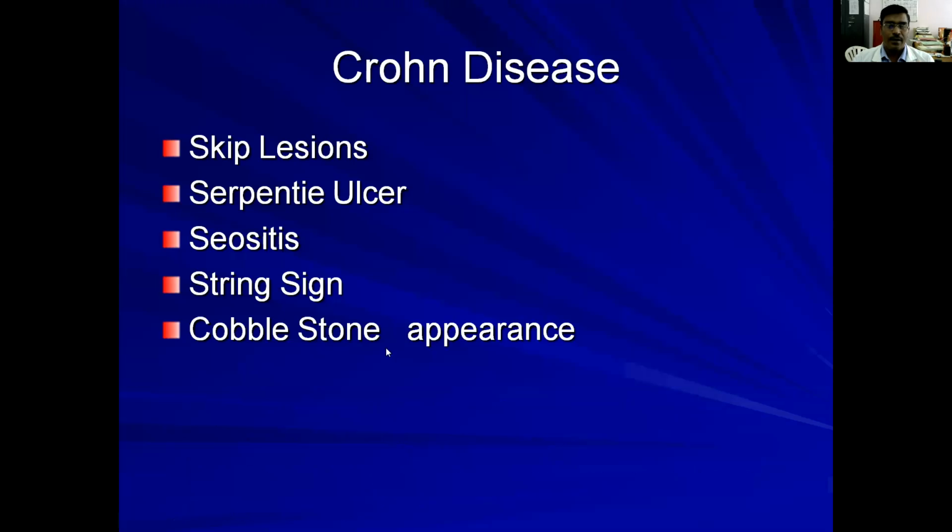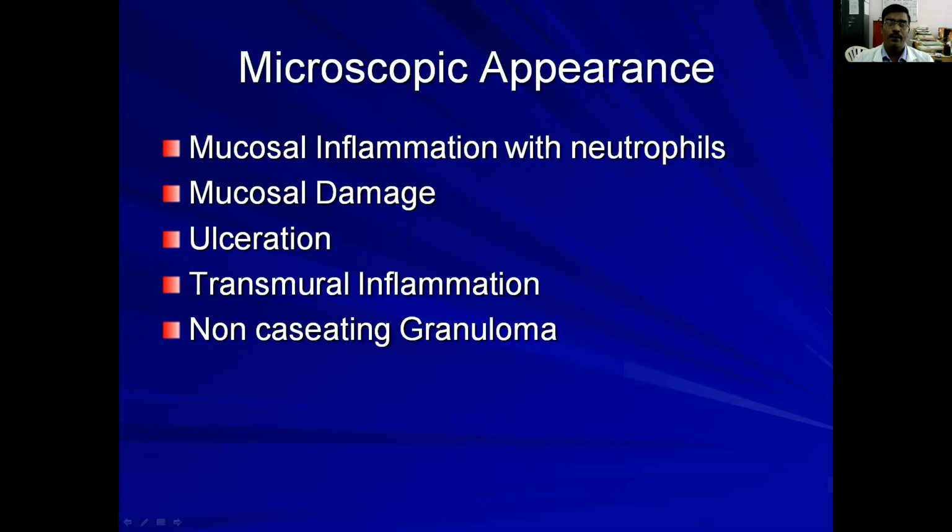The characteristic findings of Crohn's disease are skip lesions, serpentine ulcers, serositis, string sign on barium study, and cobblestone appearance. Microscopically, we have mucosal inflammation with neutrophils and mucosal damage, ulceration, transmural inflammation, and non-caseating granuloma, which is the most important finding in Crohn's disease.